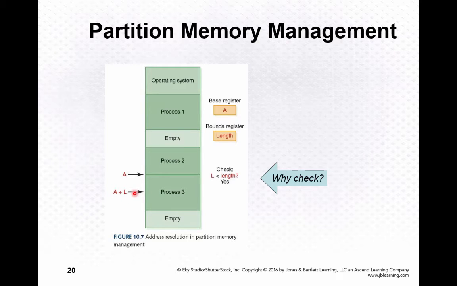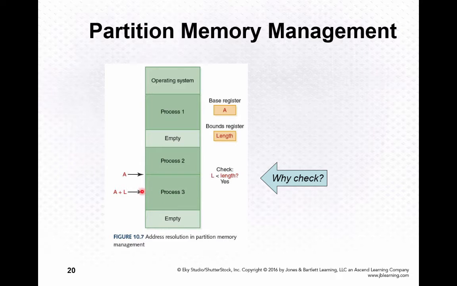You might be in some process like process 3, and your base register would have the value A, and your bounds register would have the value L, or length, sorry. So when you tried to access memory address L, it would automatically add the base register. So you'd be going for A plus L, and it would check that L was less than length.